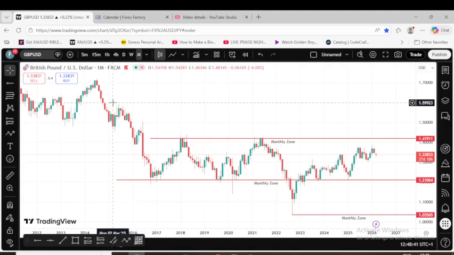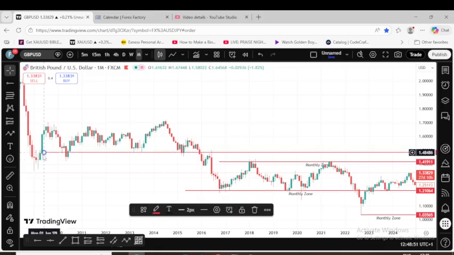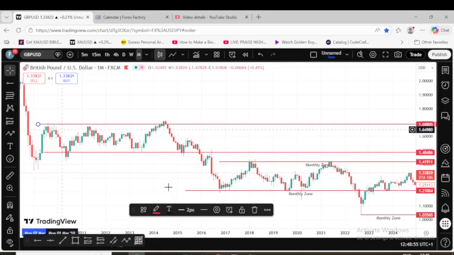Okay, so let's see, we have another monthly zone here. We have another monthly zone here, and then another one here. So those are our monthly zones.